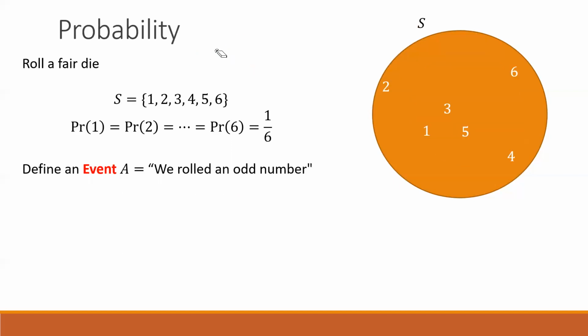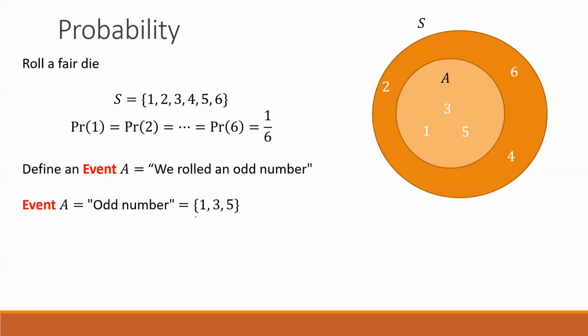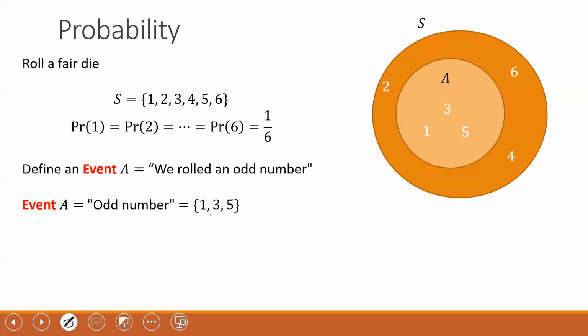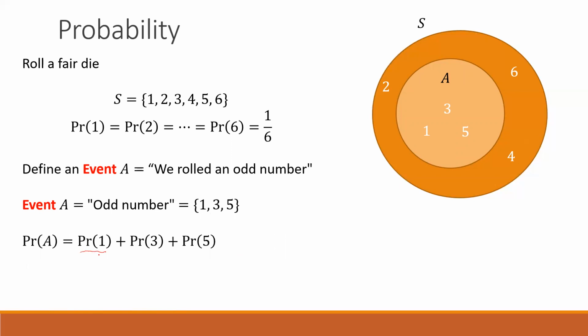So now we can define events in my sample space. Event A is we rolled an odd number. Okay, so our odd numbers are here. So this is our event A. So the probability that I rolled an odd number on my 6-sided die is, well, my event A consists of 1, 3, and 5. And if I sum up the probabilities of each of these individual outcomes, I get probability of A is equal to the probability that I roll a 1, plus the probability that I roll a 3, plus the probability that I roll a 5.